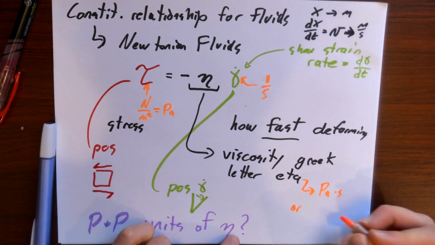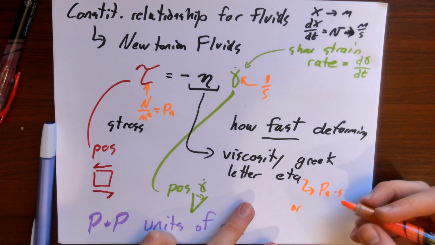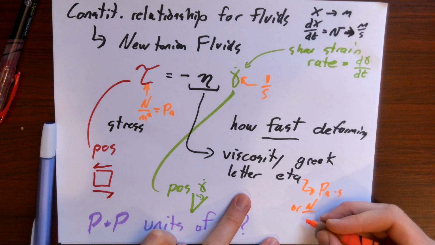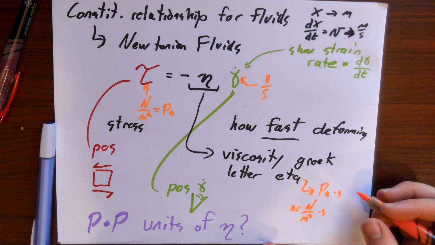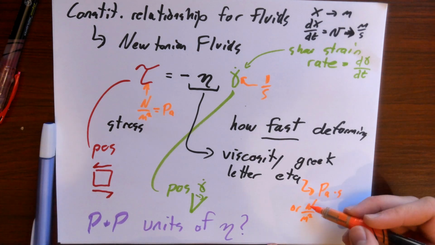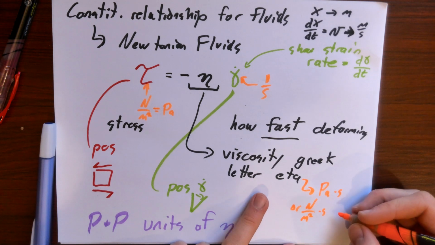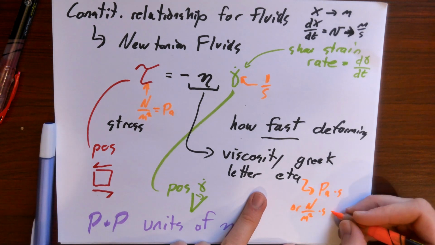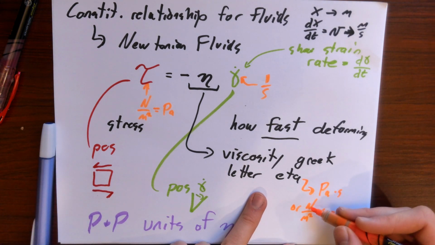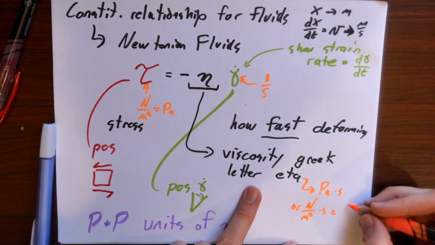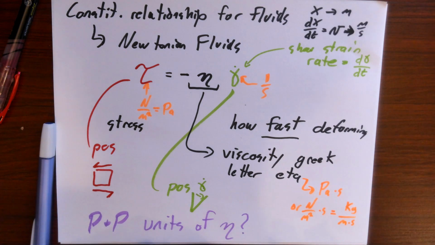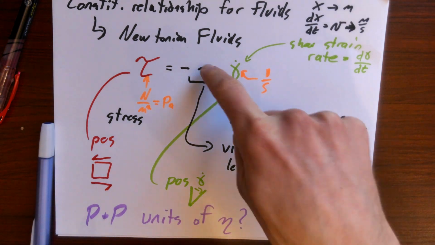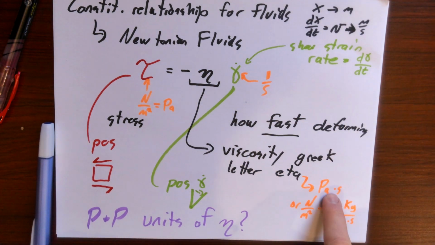Breaking newtons into kilograms per meter second squared, Newton seconds per meter squared is the same as kilograms per meter second. So in this case, viscosity has units of Pascal seconds or kilograms per meter second.